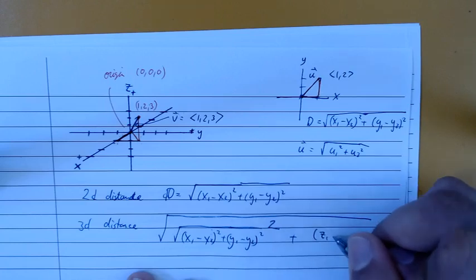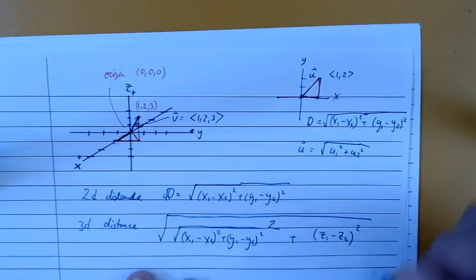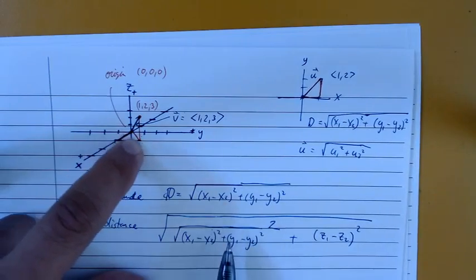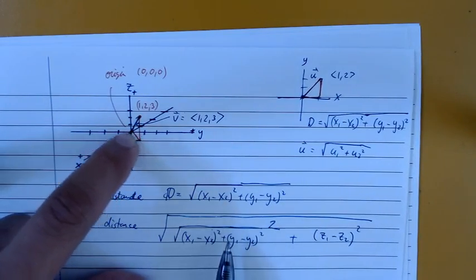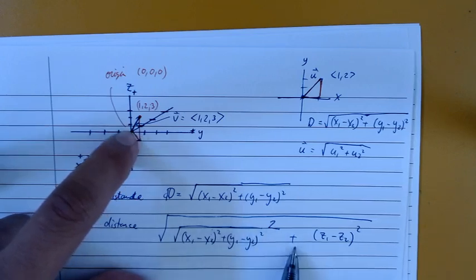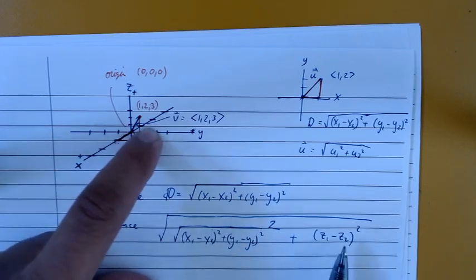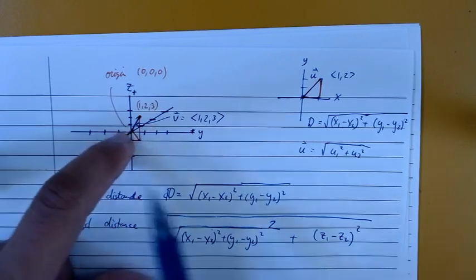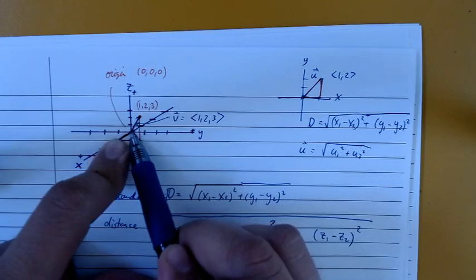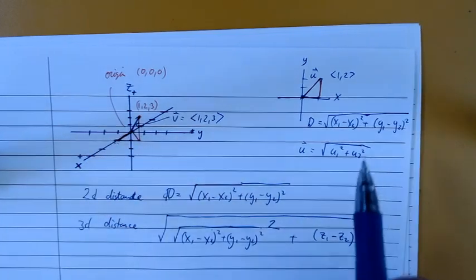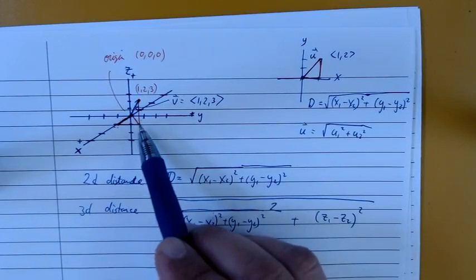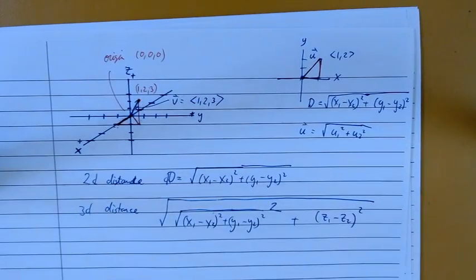So that's z1 minus z2 squared. That's a right triangle, straight up and down, right? So that's one leg squared plus the other leg squared. If I add those together and take the square root, that gives me the distance right across from the origin straight up. So basically, I'm using the Pythagorean theorem once to get underneath the point, and then the Pythagorean theorem again to get up to the point.